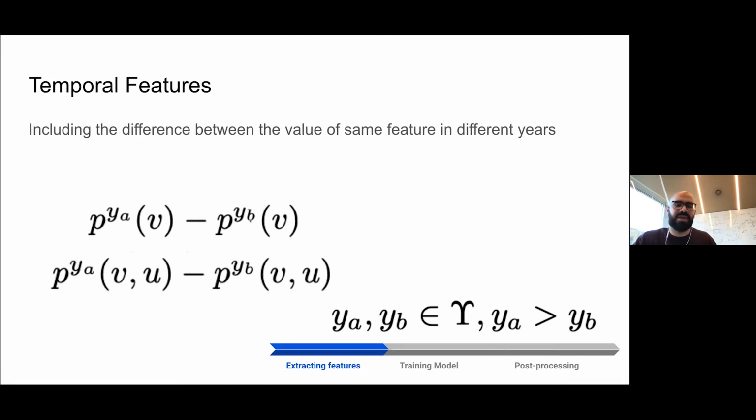And it became our most important feature. Based on the post-analysis of our model, our most important feature was just the difference between the sum of degrees of two nodes, so how much the sum of degrees of two nodes is growing in the last year. And based on that, you could get an accuracy of 0.91 or something.